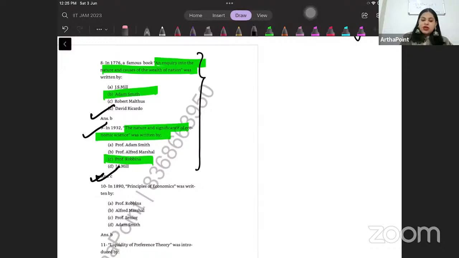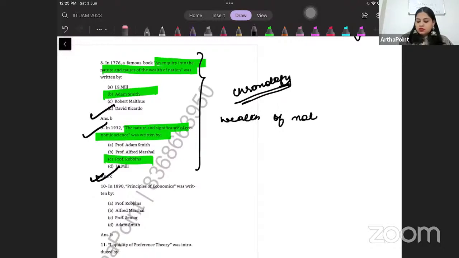Sometimes they will give you a question on chronology, जिसमें they will give you 4 books or 4 principles. जैसे ऐसे दे देते हैं, Wealth of Nation, then they will give you this, Nature and Significance of Economic Science.